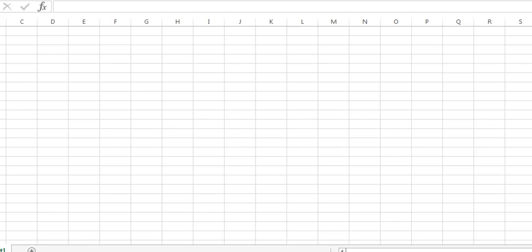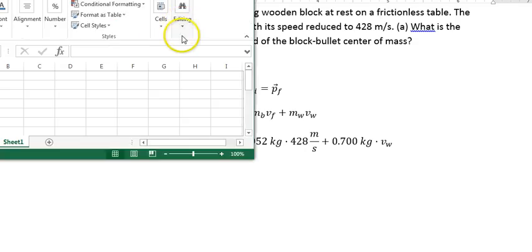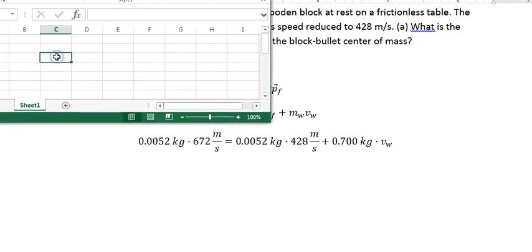All right, so pull up Excel. Let's do some calculations. So 0.0052 times 672 minus 0.0052 times 428.